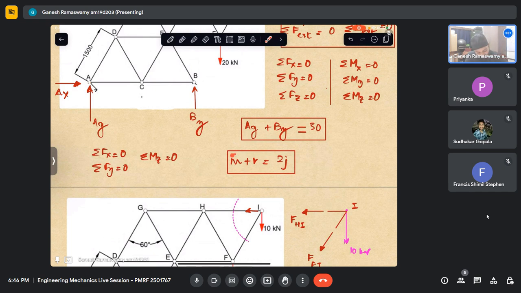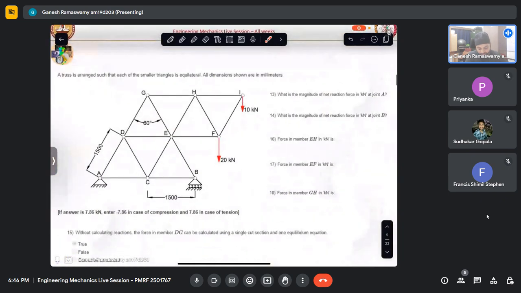So if we add up the total number of members, it gives us the total number of unknowns that are there. Going outright solving a problem like this, I don't know, first of all, what are the reactions that are getting mobilized. Secondly, I don't know what are the forces developed in these members, which is actually carrying higher force and which is carrying lower force. So all these are unknowns.